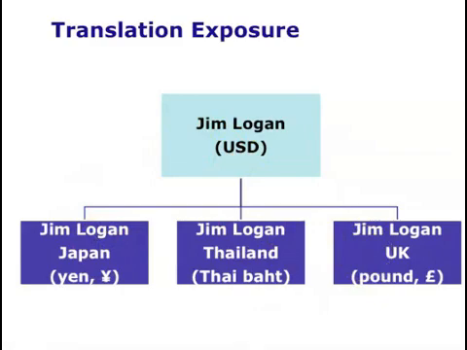Every subsidiary's financial statements are normally measured in its local currency. So every subsidiary will prepare their own financial statement in local currency. In Japan, yen. In Thailand, Thai baht. In UK, they will prepare in pound sterling.